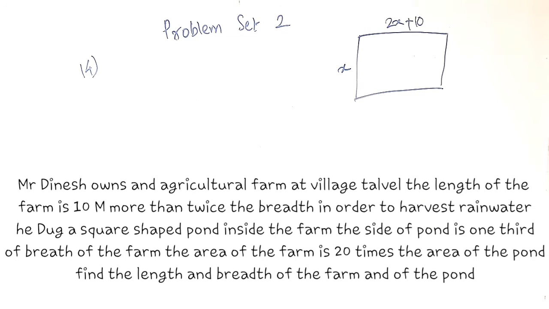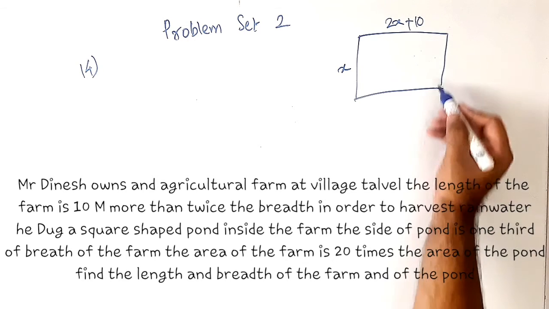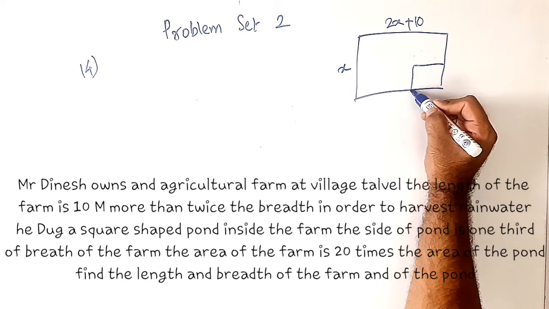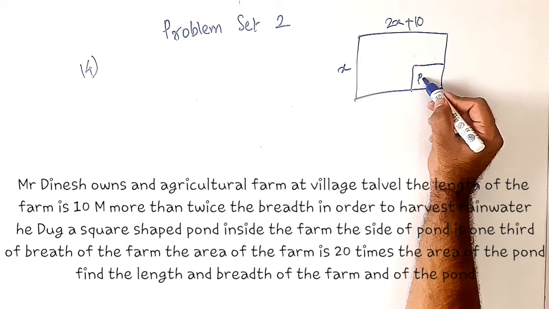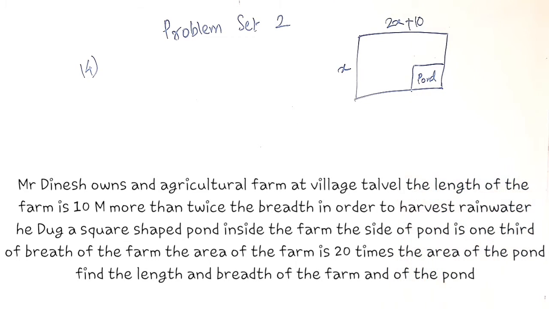So in order to harvest rainwater, he dug a square shaped pond inside the farm. So what he did, this is a pond he made. That is a square shaped pond. Now the side of the pond is 1/3 of the breadth of the farm.